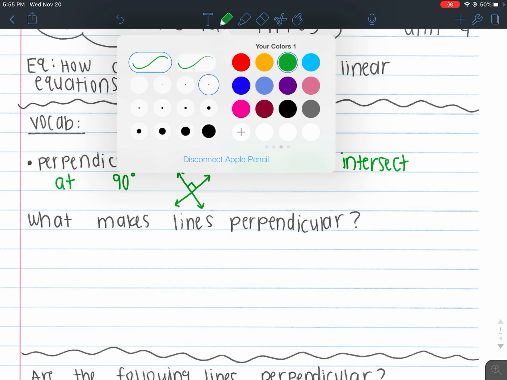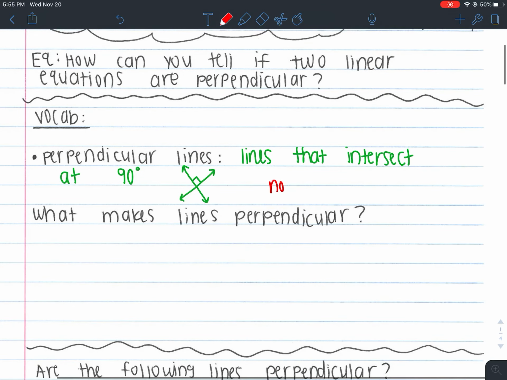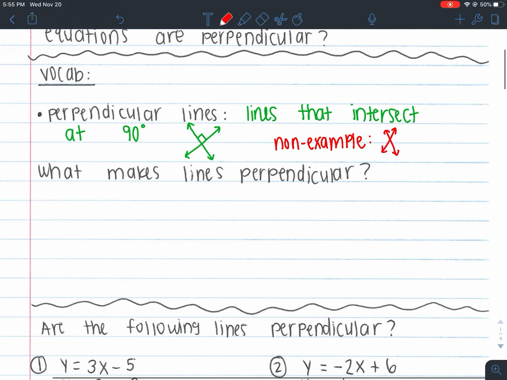Just because two lines cross, like in this non-example, doesn't mean they're perpendicular. Perpendicular lines are lines that intersect at 90 degrees. Now, we're not going to be measuring the angles, but that's just the definition of perpendicular lines.